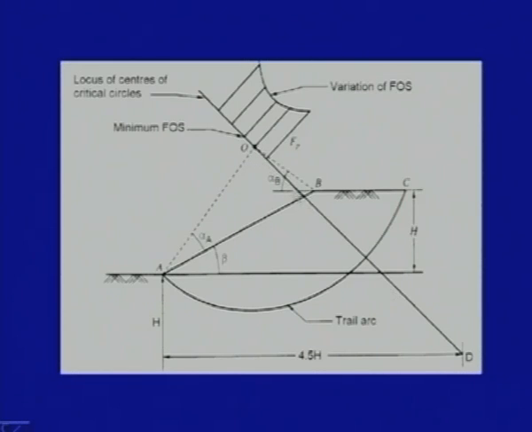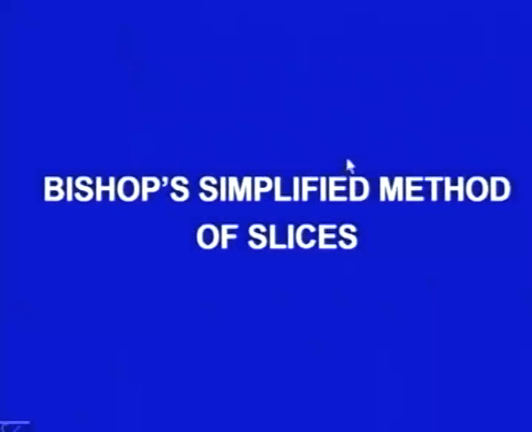The circle having the minimum factor of safety will lie on this line. So, this is what we had discussed last time, and we had just started discussing Bishop's method, which we are going to do in detail today.